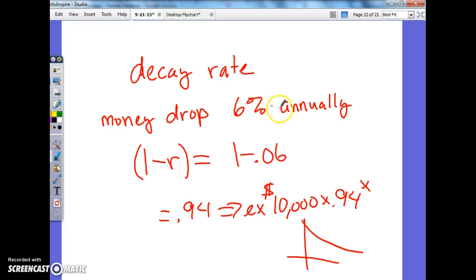So my decay rate is 1 minus r, and that's this rate in decimal form, which would be 0.06. Remember, 6% is 6 out of 100.